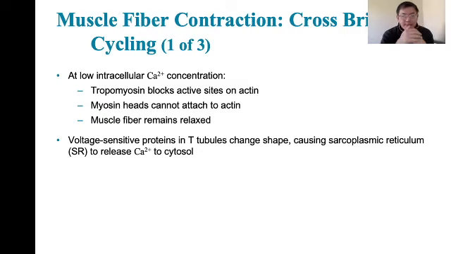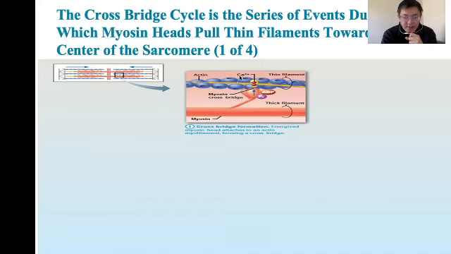Now let's talk about cross bridge cycling. For this step, we need to memorize this structure: tropomyosin, myosin head, and myosin fiber. Tropomyosin blocks the binding site of the actin. However, once the calcium is released from the sarcoplasmic reticulum to the cytosol of the muscle fiber, guess what?